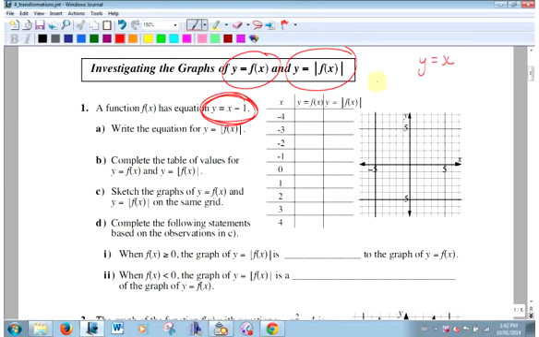Okay? So x minus 1, transformation-wise, is going to be a horizontal translation 1 unit to the right. Okay? And quickly, let's just think about that. If x is 1, 1 minus 1, what's y? 0. There it is. Okay?